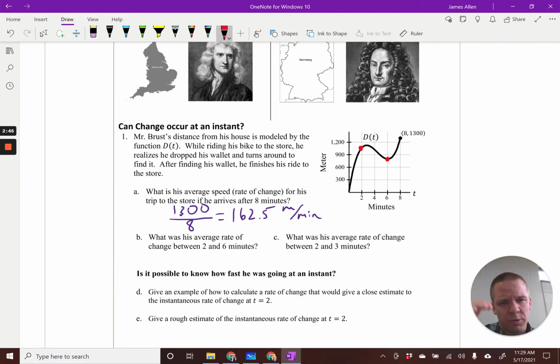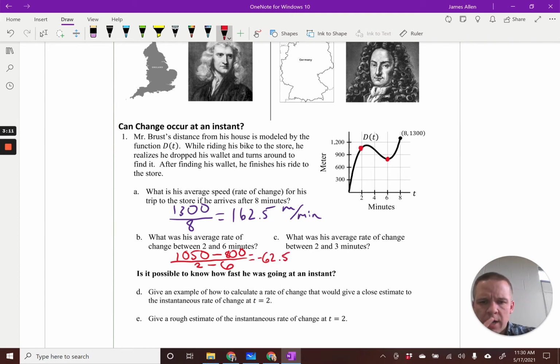Our rise, we're going from what appears to be about the middle there, something like that. And then maybe that's about 2/3 of the way up, so that'd be about 800, all over, and then I'm going from 2 to 6.